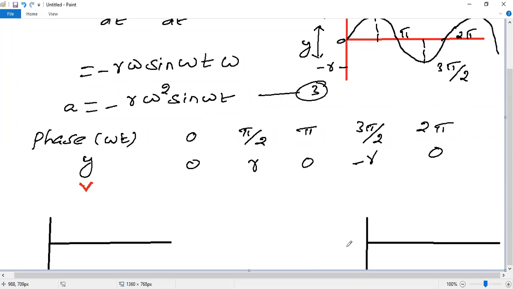Now velocity. The sine wave is there now. For the velocity it will start from here. That is the R omega. Velocity equal to R omega. So R omega means it is the upper side, positive. Like this. This is origin.